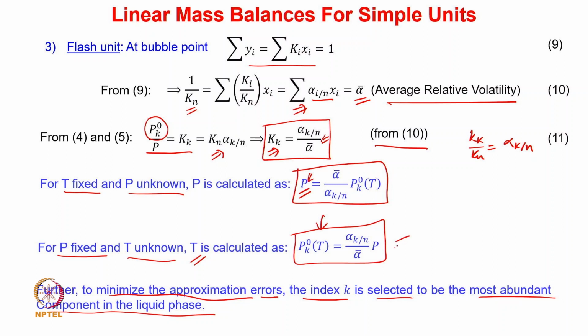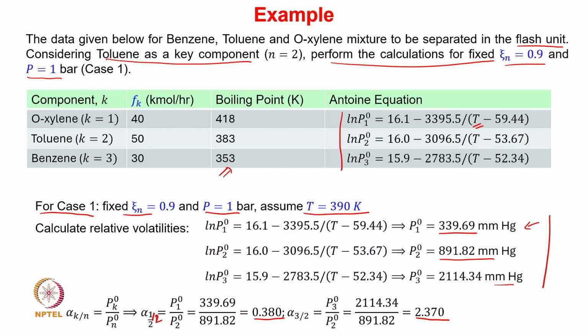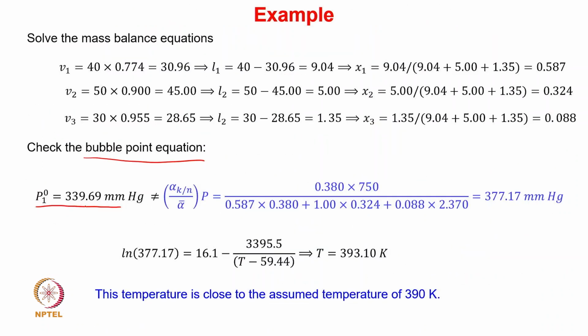So we can calculate the vapor pressure using this equation. Let us see what the value is. You can see that this P1 value comes out to be, if I calculate alpha Kn by alpha bar, see this P1 value which we obtained from the Antoine equation, and this we have obtained from the equilibrium relation.